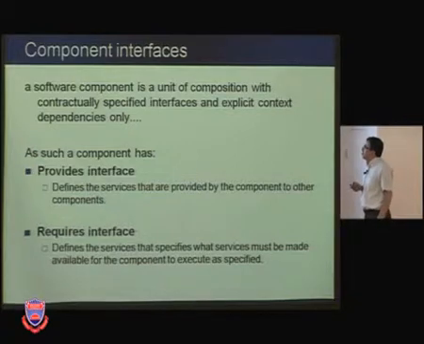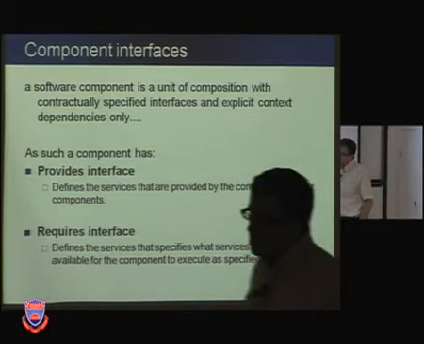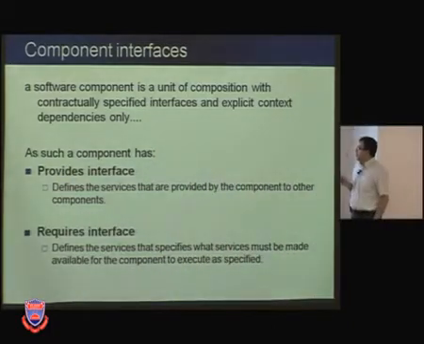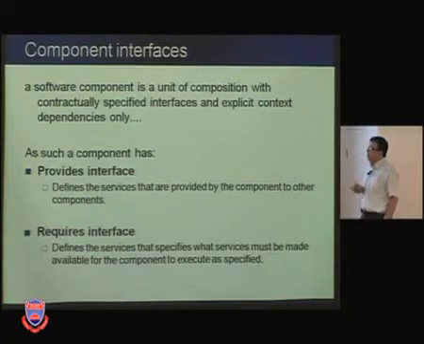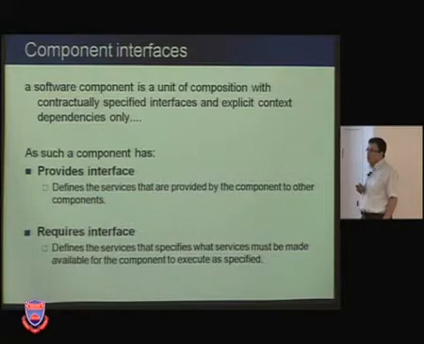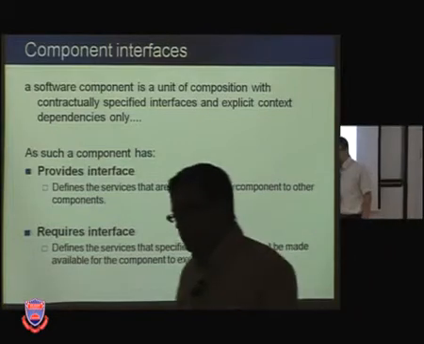A software component is a unit of composition with contractually specified interfaces and explicit context dependencies. A component has a provides interface and a requires interface. The provides interface defines the services, the operations that are offered by the component to other components. The requires interface specifies what services must be made available for the component to execute as specified.